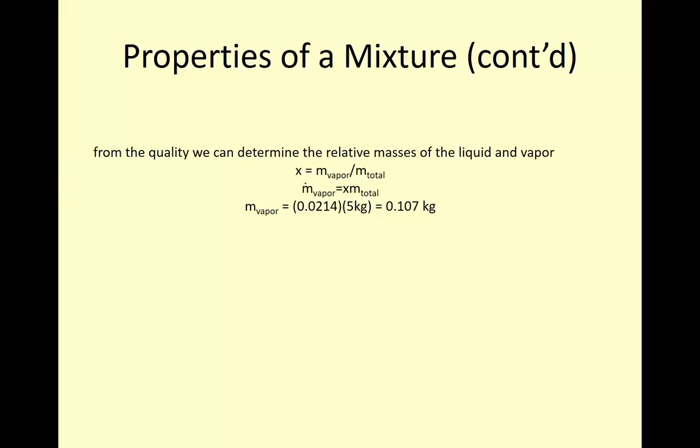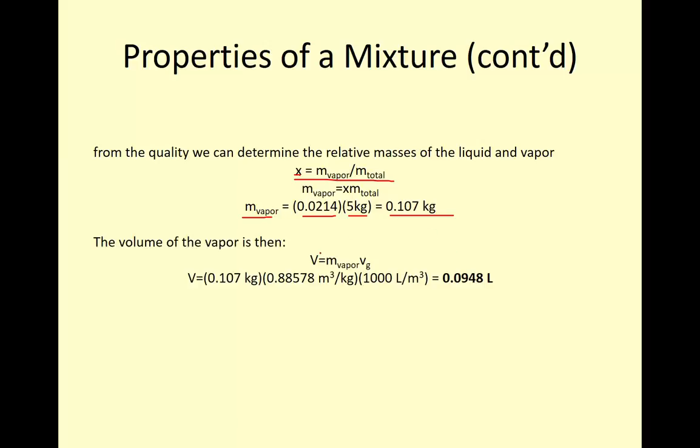So again, another relationship for quality is that it's the mass of the vapor over the total mass. So if we want to solve for the mass of the vapor, we just rearrange this equation in terms of the mass of the vapor. So we have our quality multiplied by our total mass to get the mass of the vapor is 0.107 kilograms.